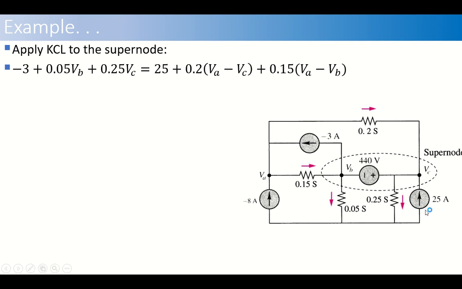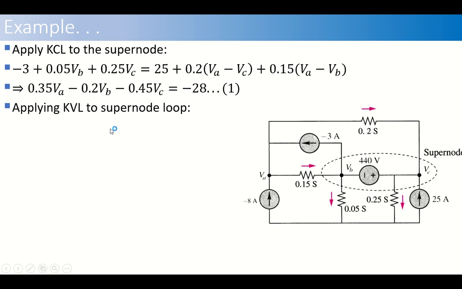Incoming currents are 25 and the current in the 0.15 Siemens resistance, which will be 0.15 multiplied by VA minus VB, and another incoming current is the current in the 0.2 Siemens resistance, which will be 0.2 multiplied by VA minus VC. Now we can simplify this as 0.35 VA minus 0.2 VB minus 0.45 VC is equal to minus 28. Let's call this equation number 1.